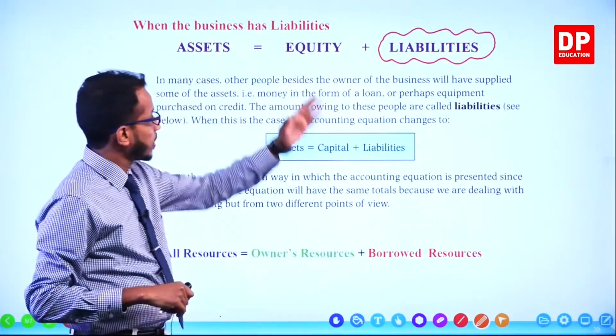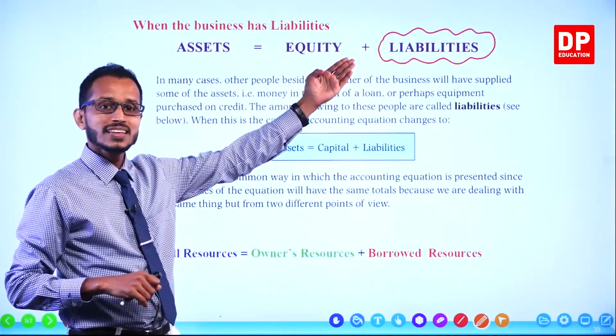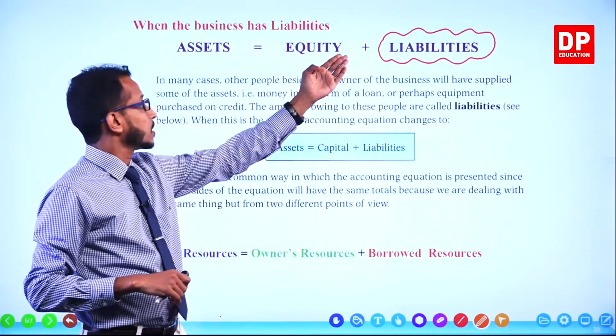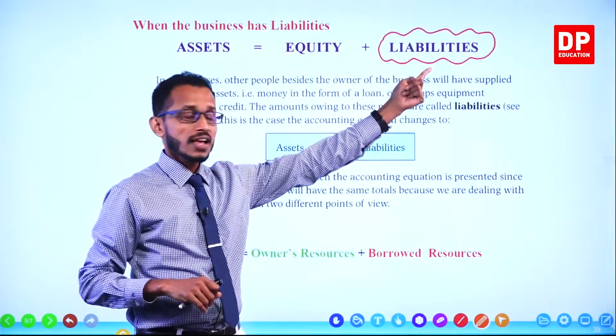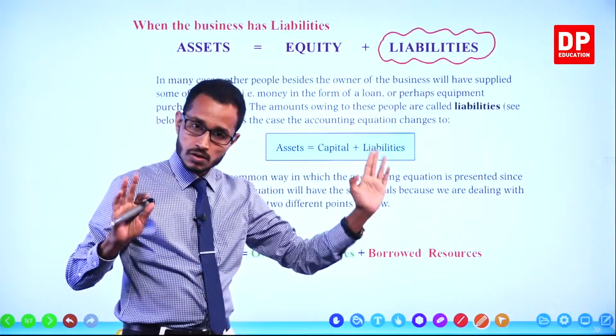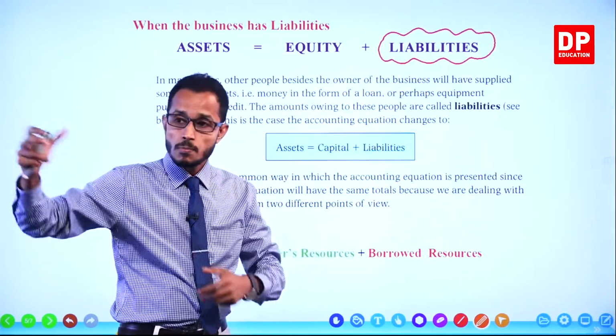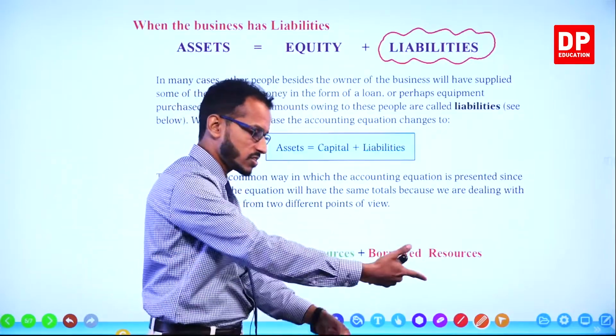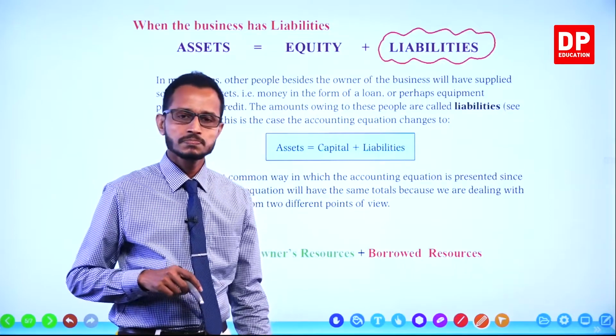Children, in this equation, it is shown that there are external liabilities which are borrowed from external parties to invest in the business.